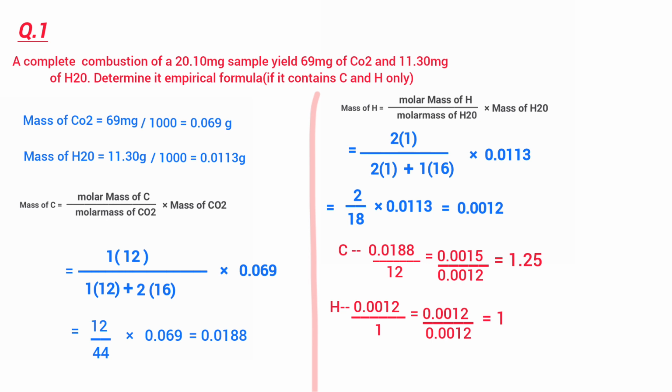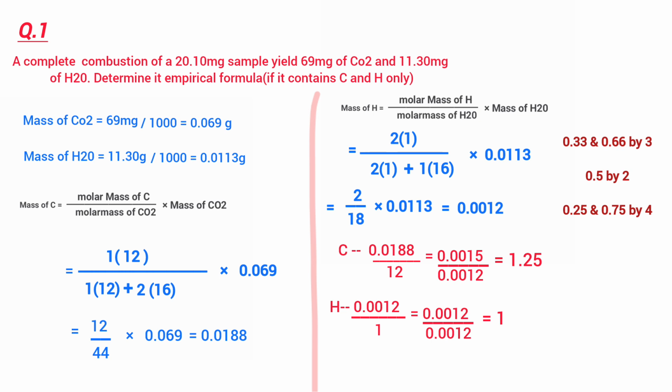Now, since we cannot have our subscript in decimals, we multiply by 4. Note, when you have 0.33 and 0.66, multiply by 3. When you have 0.5, multiply by 2. And when you have 0.25 and 0.75, multiply by 4. So in this case, we are going to multiply by 4.